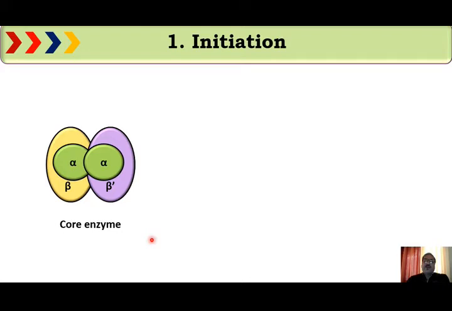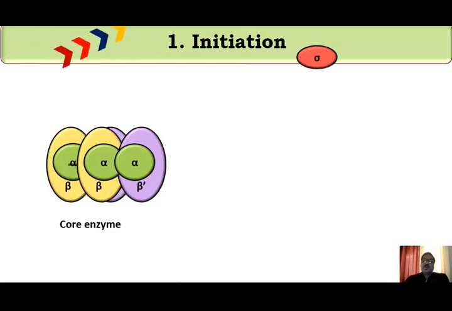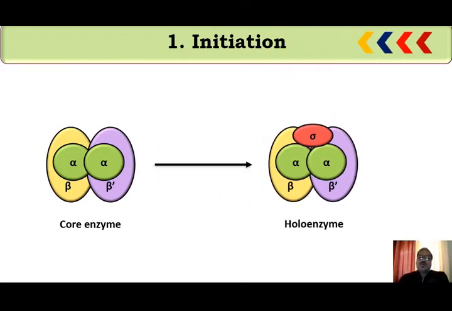The binding of the core polymerase to promoter is facilitated by a specified subunit called the sigma factor. So when sigma factor binds with the core enzyme, it forms a holoenzyme.